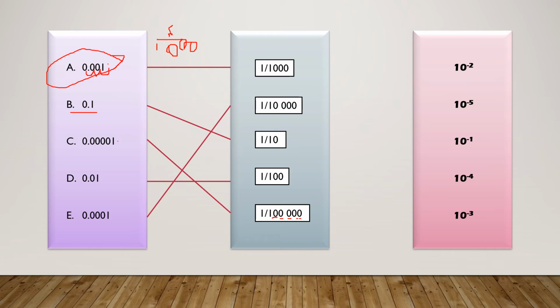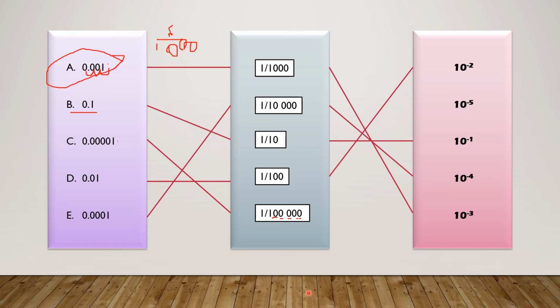So as you can see, all the powers of 10 are in negative form because they're equivalent to fractions, so it's a small number, not a positive power. 1 over 1000, so you can see there are 3 zeros, so it's going to be 10 to the power of negative 3. 1 divided by 10,000, 4 zeros, so 10 to the power of negative 4. 1 divided by 10, it's easy, 10 to the power of negative 1. 1 divided by 100, 10 to the power of negative 2.